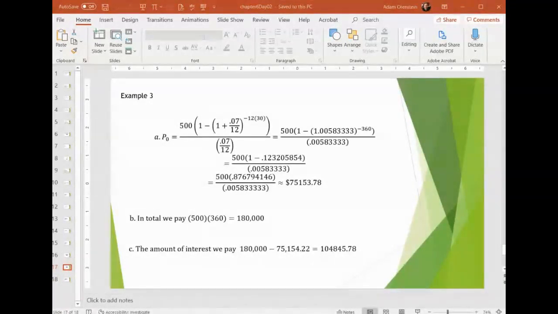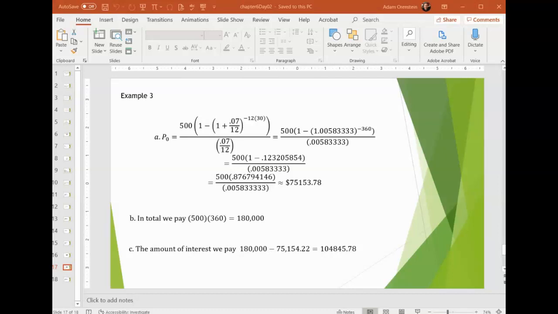I think someone asked how I got the 1.005833 part. If you do 0.07 divided by 12, let me do that in my calculator quickly. That's equal to 0.005833, and it keeps on going. So I put four threes there, one more.